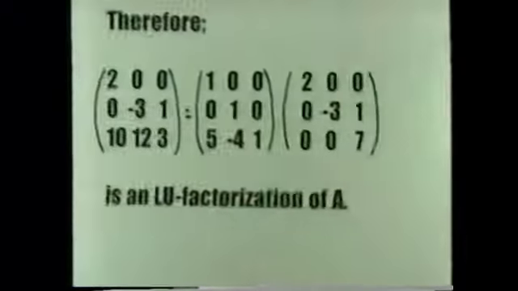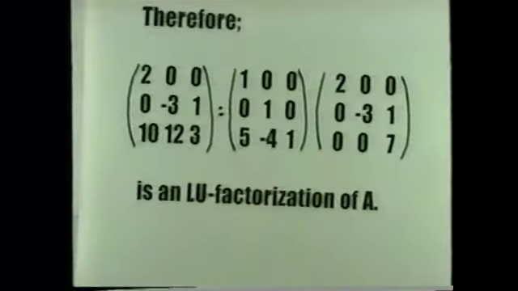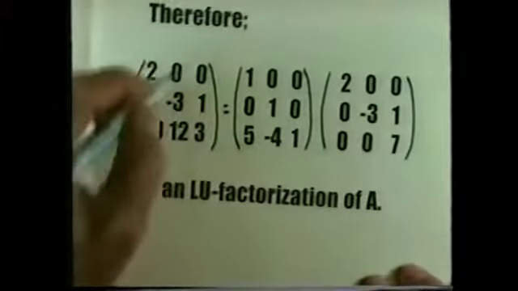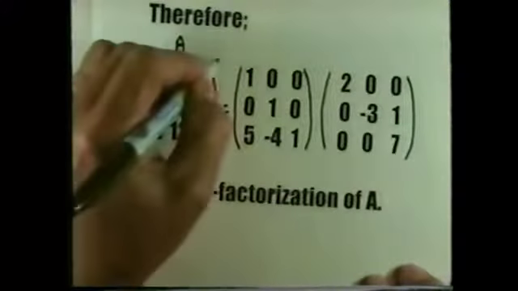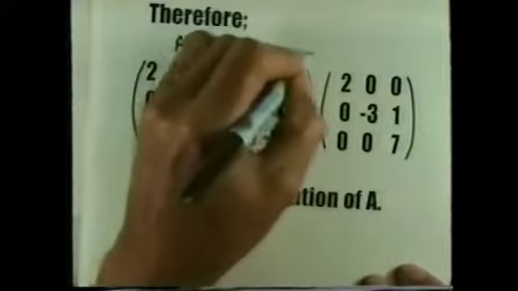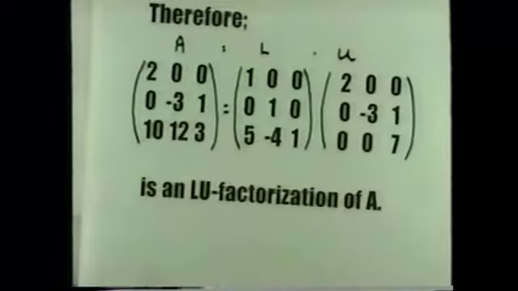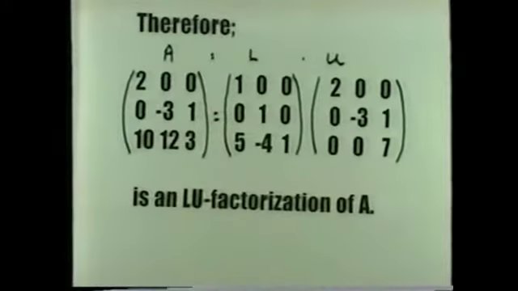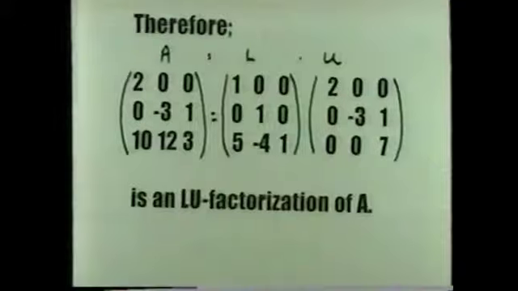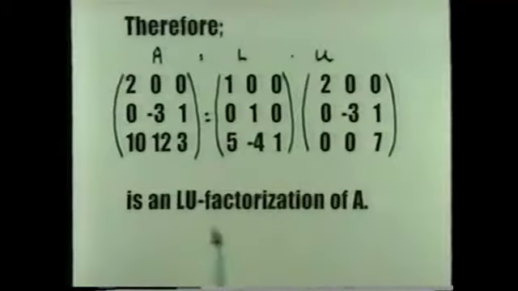So now we have the LU factorization. A is equal to L times U. Now before continuing, make sure you have down the process for finding the LU factorization.